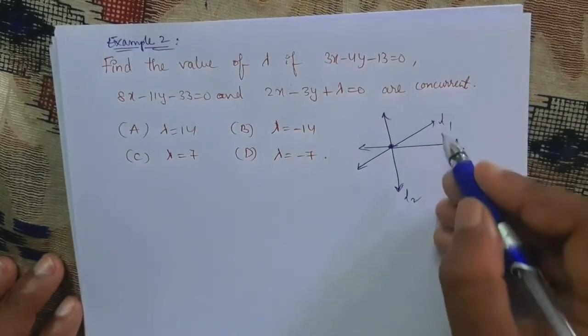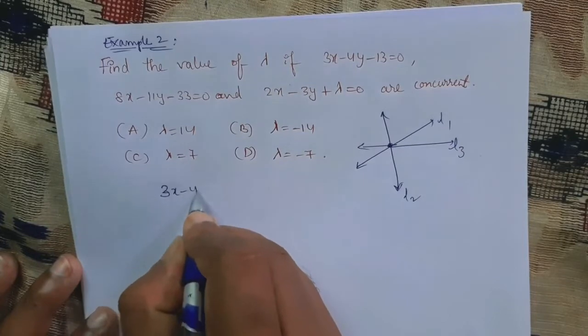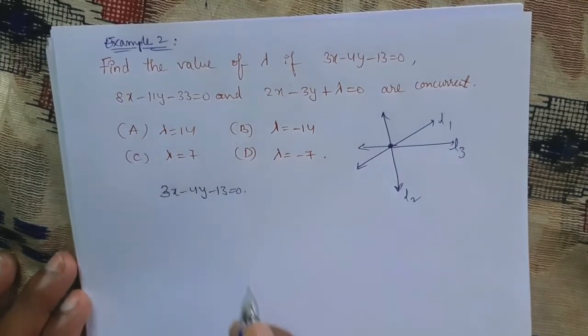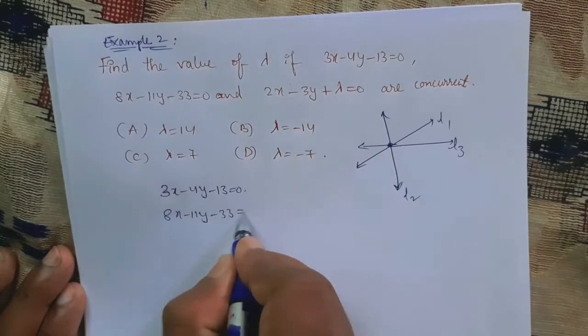L1 and L2: those lines are 3x minus 4y minus 13 equal to 0, and 8x minus 11y minus 33 equal to 0.